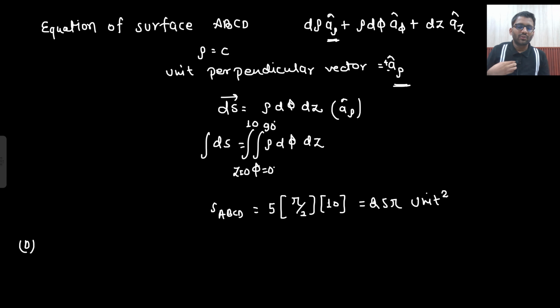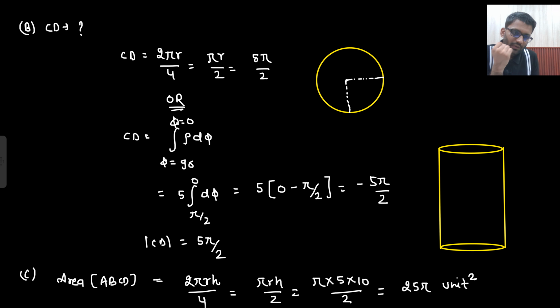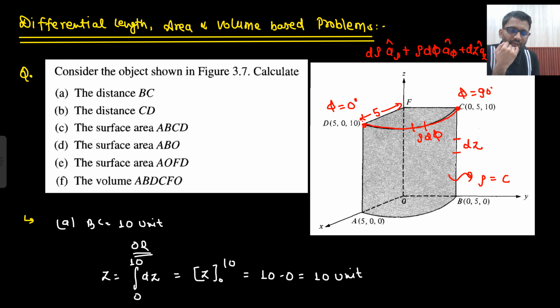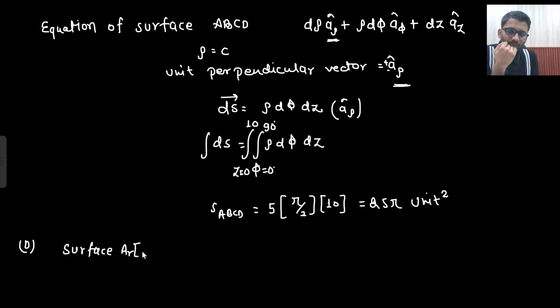So by geometry you can solve on your own. Okay, by geometry also we solve. Surface area of ABO, what would that be? π r square by 4, because a complete circle will have π r square area divided by 4.